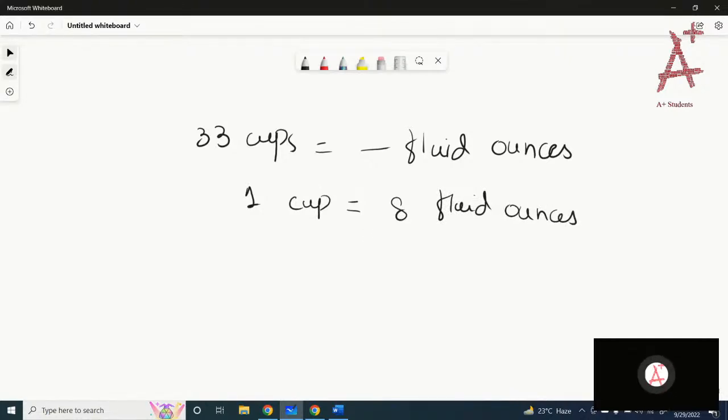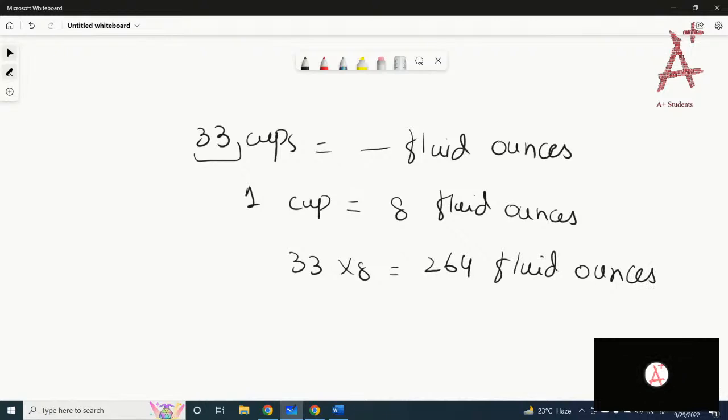So that means you have to multiply 33 times 8, because you are converting from cups to ounces. So 33 times 8 is 264. So that means 33 cups equals 264 fluid ounces. Got it? So select the correct option and click on the OK button.